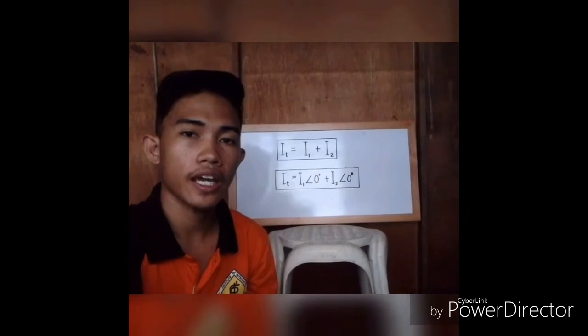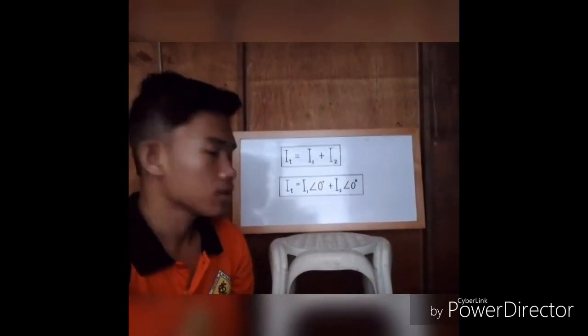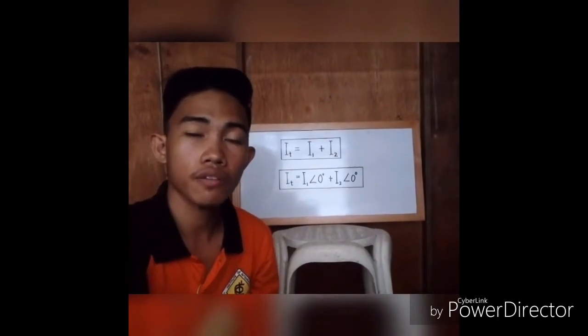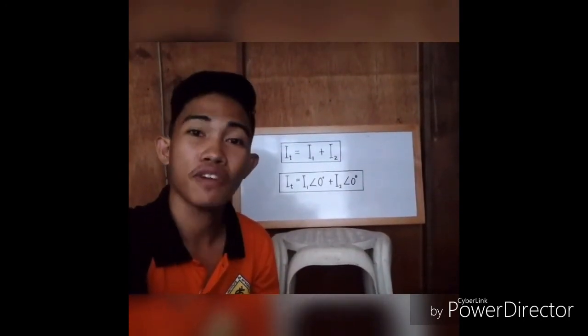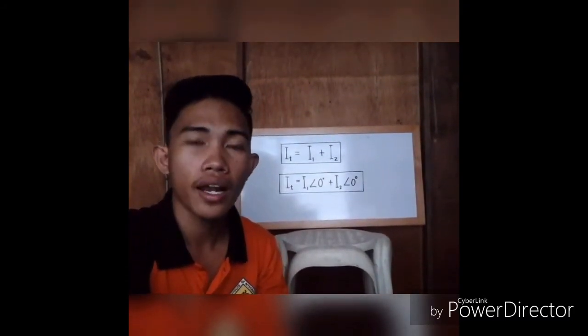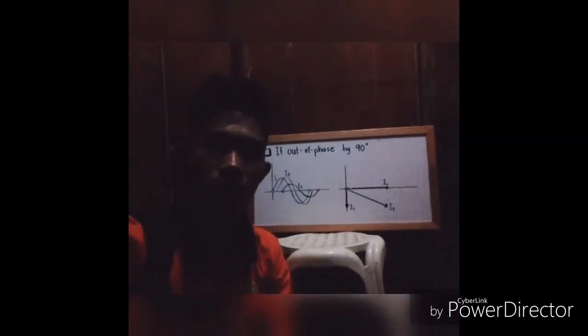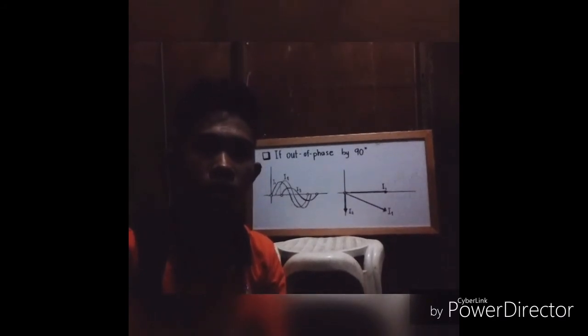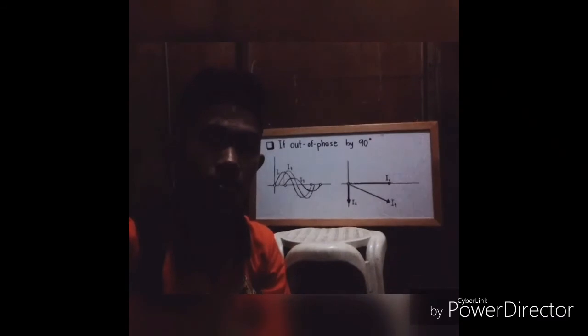Or put it in another way, IT is equal to I1 with 0 degree phase shift plus I2 with 0 degree phase shift, which means that I1 and I2 are in phase with each other. This time, let's take a look at what will happen if we combine two waves that are out of phase with each other by 90 degrees.